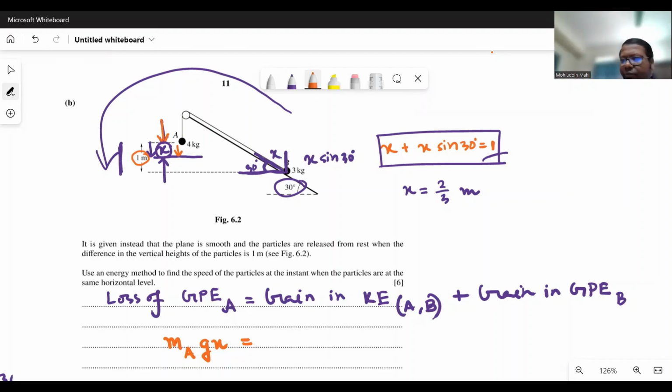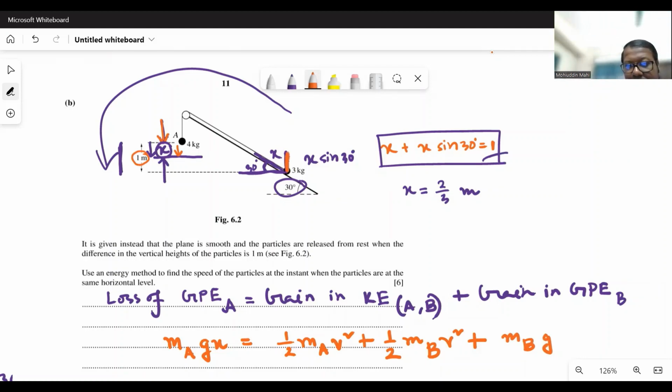Gain in kinetic energy, the velocity of both the objects is the same, so half mAv squared plus half mBv squared. And gain in gravitational potential energy of B will be mBg. Now here you cannot take x because in vertical direction B is moving x sine 30. B is moving x sine 30.